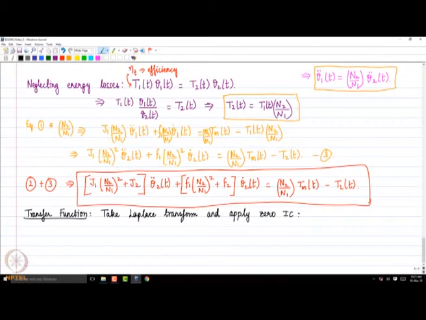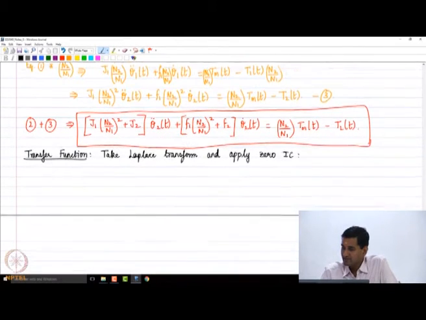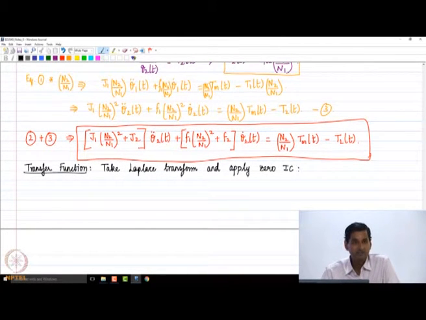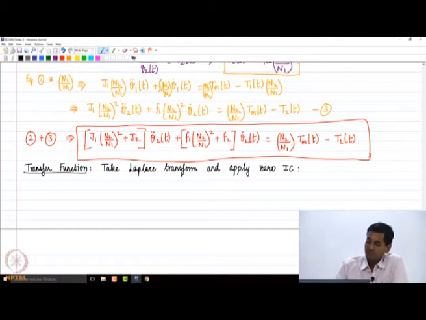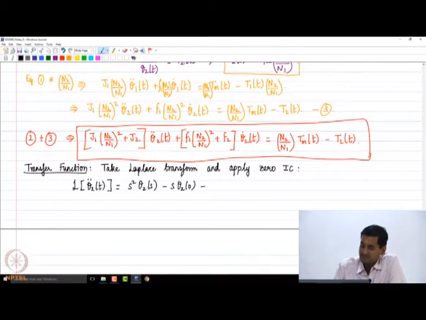but I suggest you do it completely. As I keep on telling you, you should always write the Laplace transform completely, so let me do it once more. Please note that the Laplace transform of the second derivative of theta 2 is going to be s squared theta 2(s) minus s times theta 2(0) minus theta 2 dot(0).